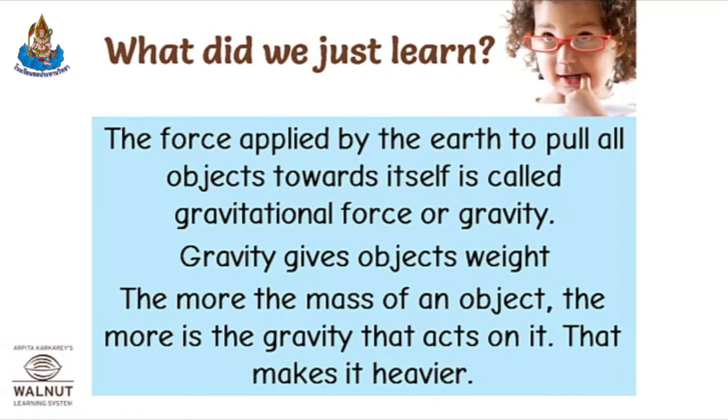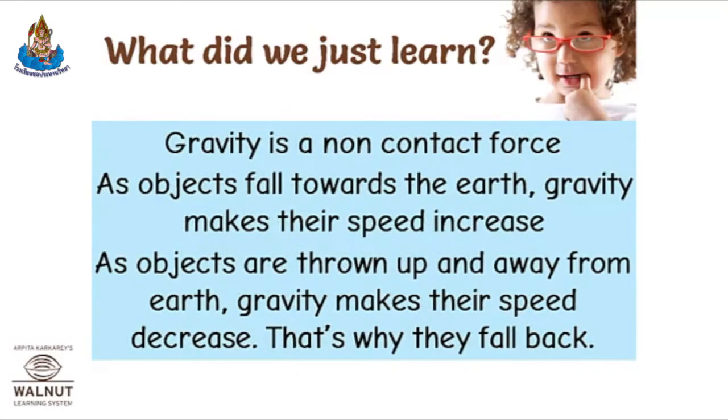That makes it heavier. Gravity is a non-contact force. As objects fall towards the earth, gravity makes their speed increase. As objects are thrown up and away from earth, gravity makes their speed decrease. That's why they fall back.